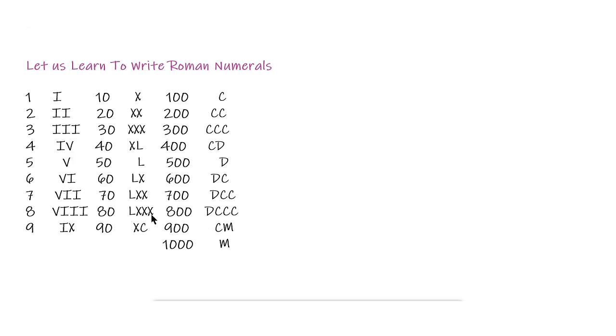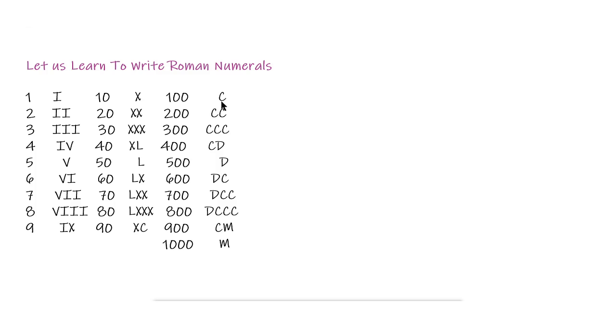X is written three times after L, so it becomes 80. 90 is XC. C is 100 and X is written to the left of C, so 10 is subtracted from 100, so XC equal to 90. We have learned to write 10 to 90. Now we go to 100 to 1000.